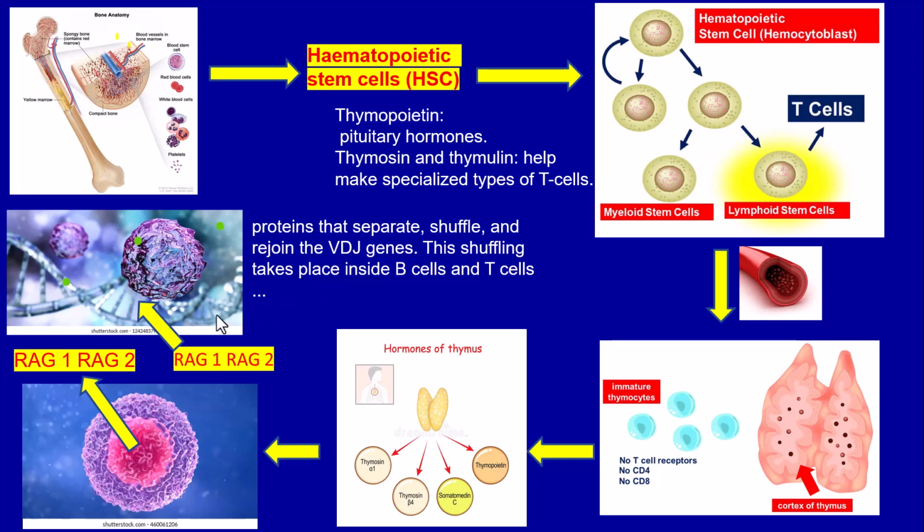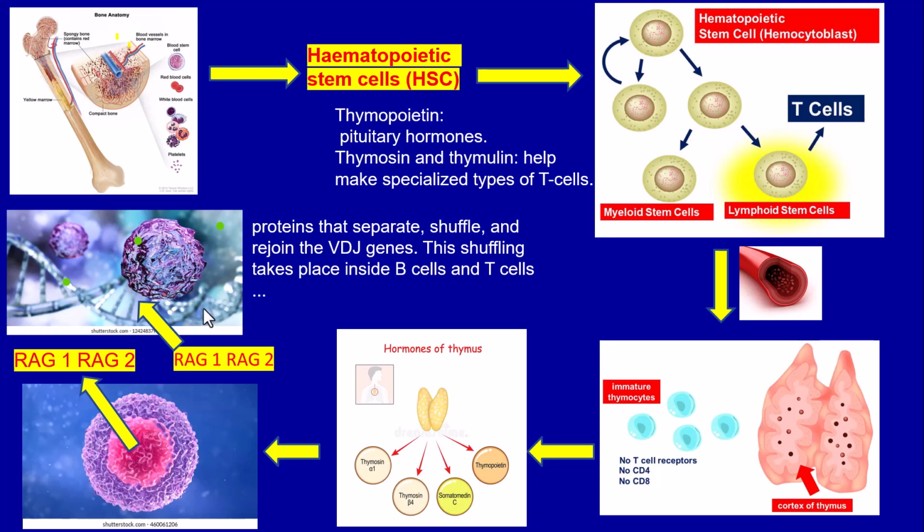So actually, these RAG1 and RAG2 are recombinase proteins, and they cause reshuffling of the genes which are present in the chromosome.